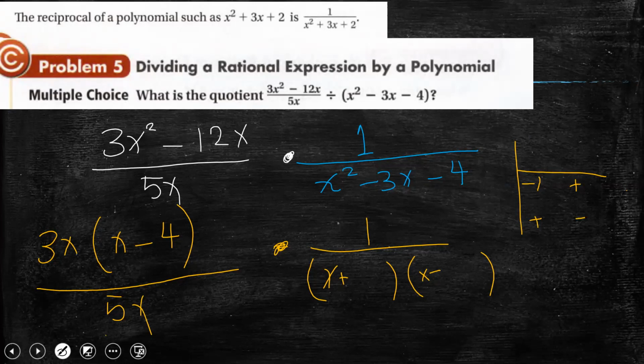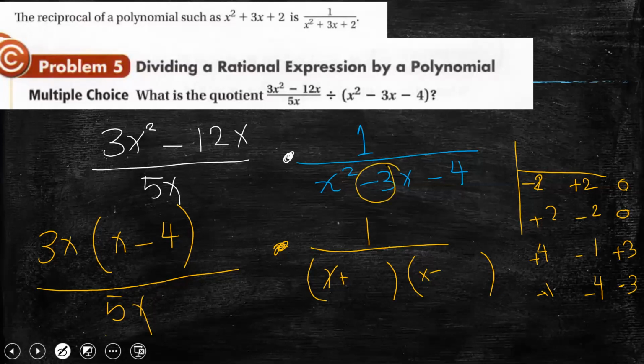Think about 2 and 2, or 4 and 1. Negative 2 and 2 add to 0. Negative 4 and 1 add to negative 3. So I will take positive 1 and negative 4.